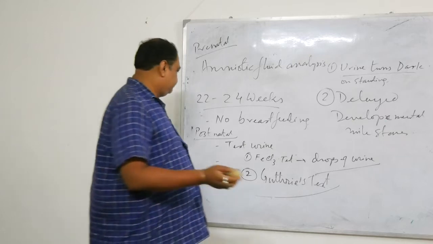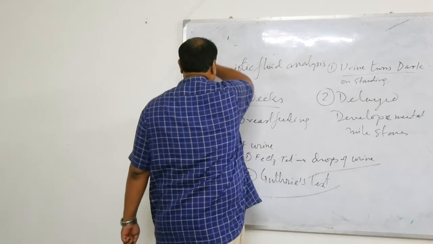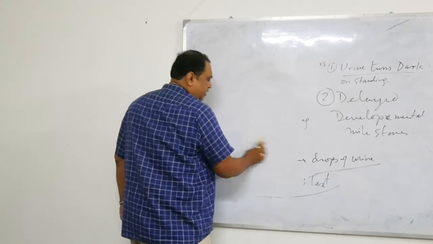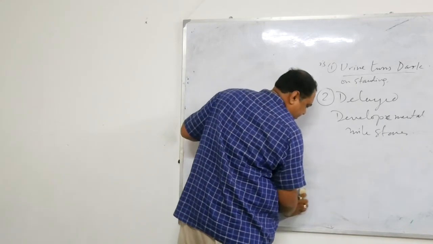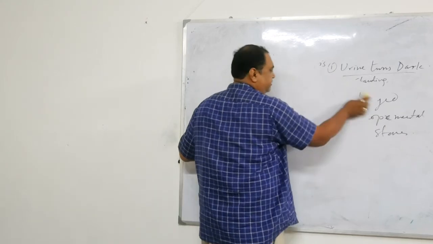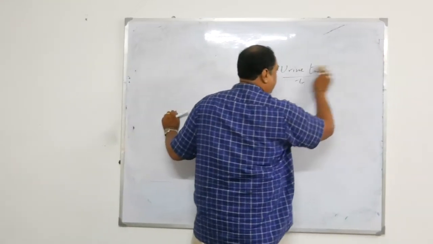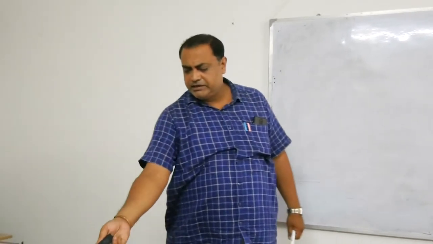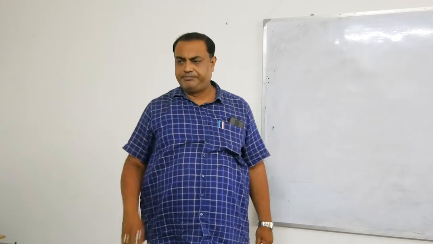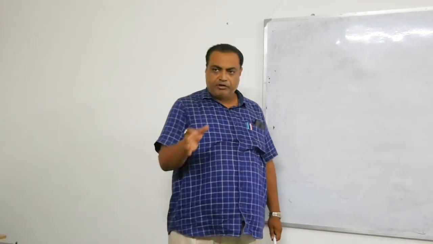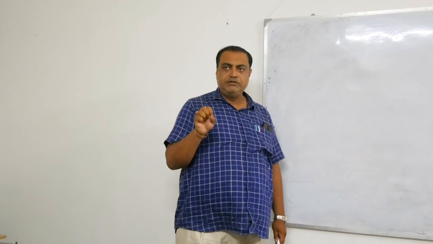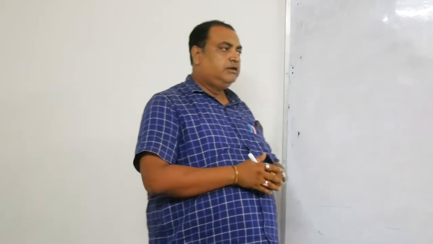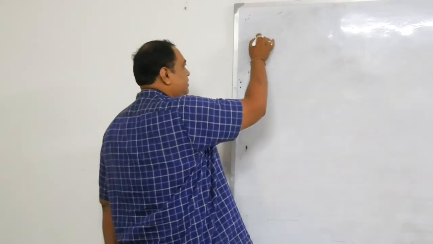Okay. Now, about the types of phenylketonuria. As I told you before, there are different types, but there is not much difference in their outcome. In all the cases, there is reduced activity of phenylalanine hydroxylase. What could be the different reasons?